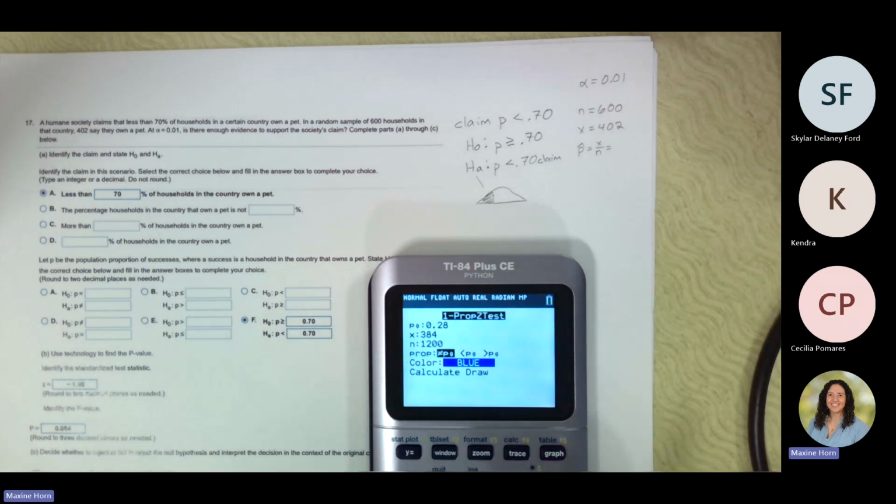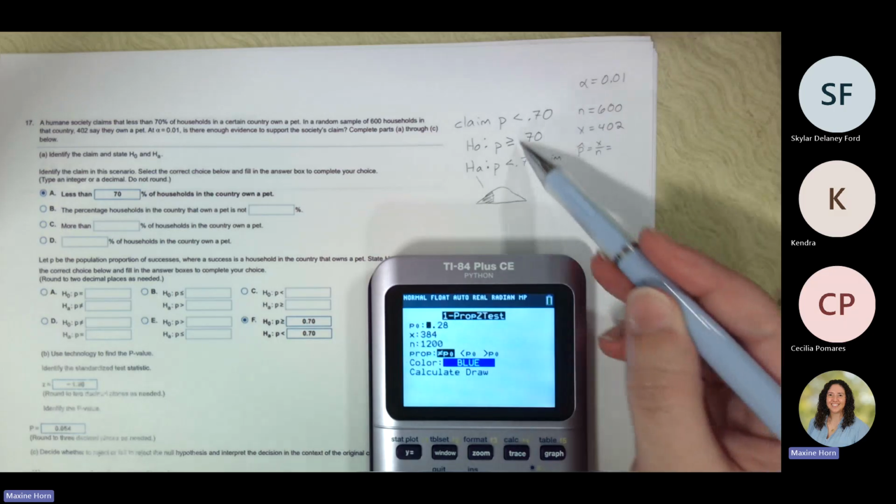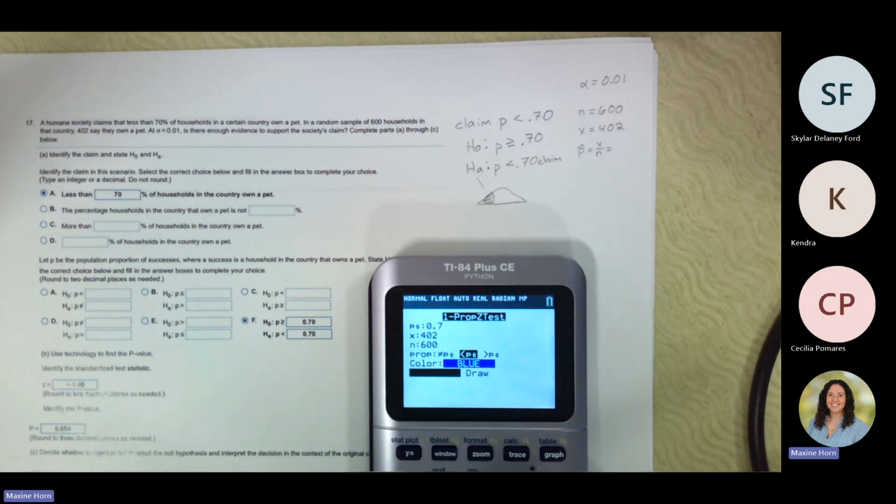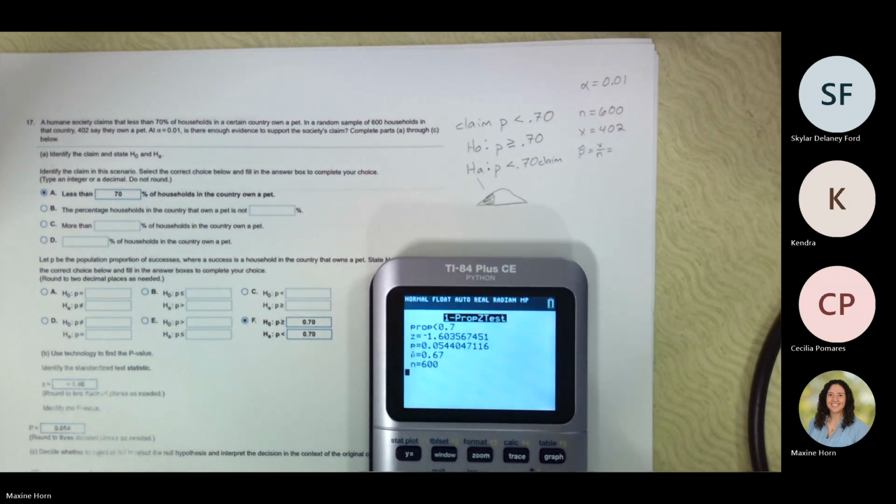Okay, so my null hypothesis, the population proportion, is 0.7. Our x value is 402. Our n, our sample size, is 600. This is a left-tailed test, less than, and we're going to calculate that.